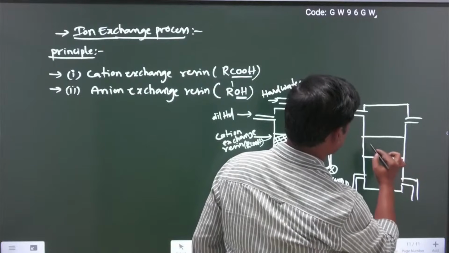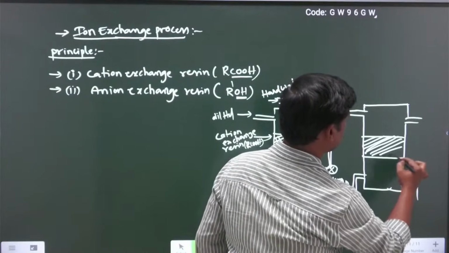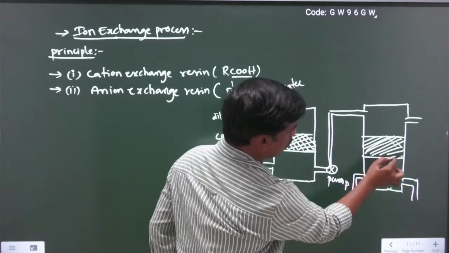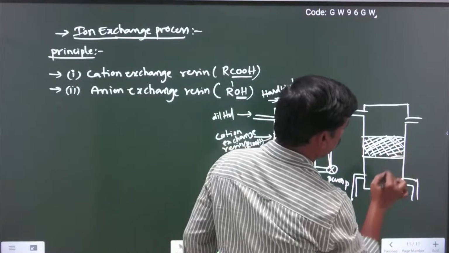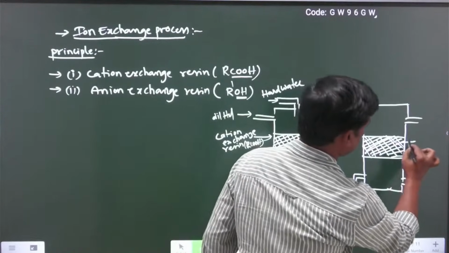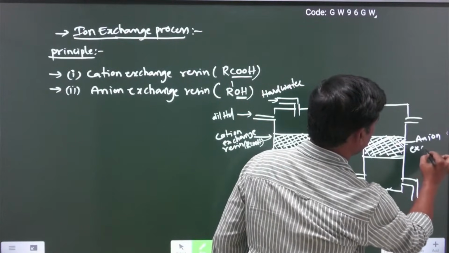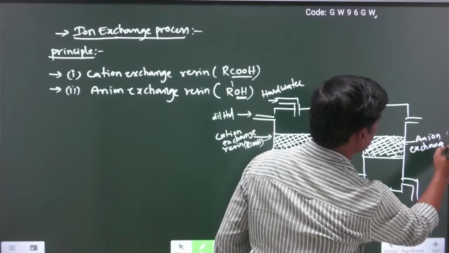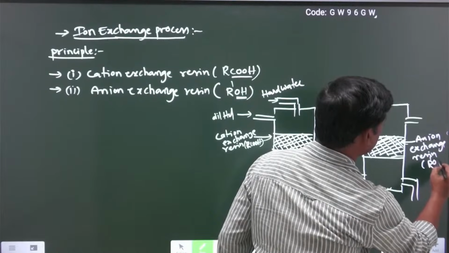In the second tank you can fix the anion exchange resin, which contains a microporous structure that stops the anions on the surface. This is the anion exchange resin, R-OH.